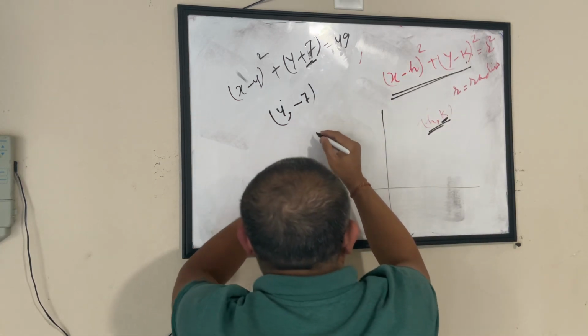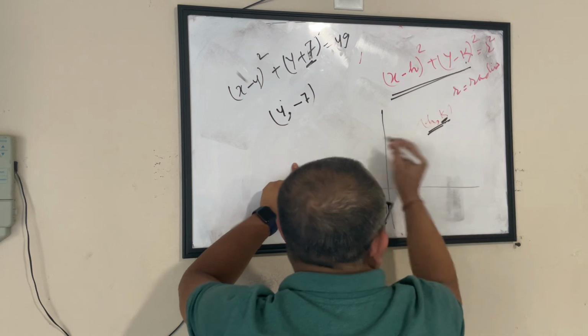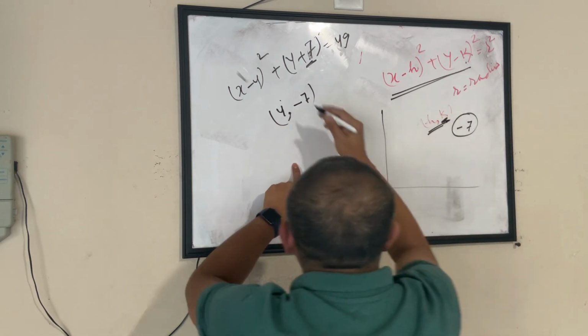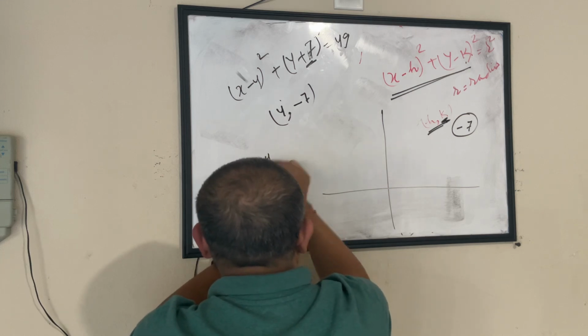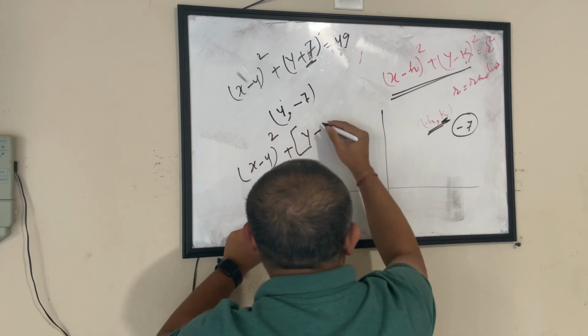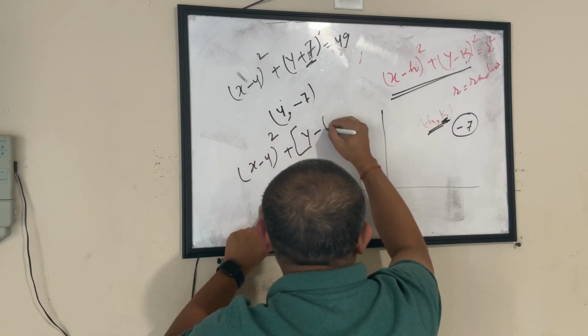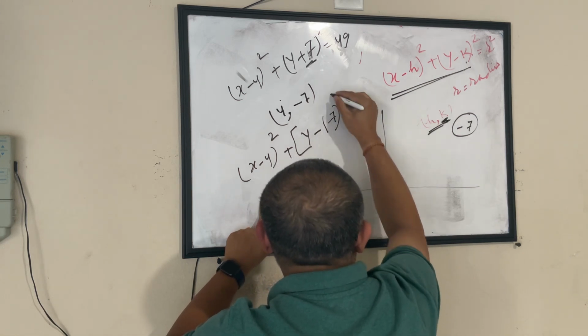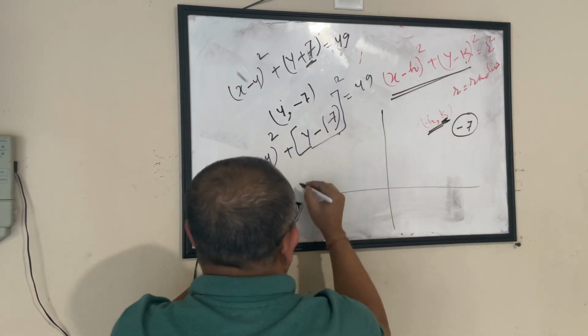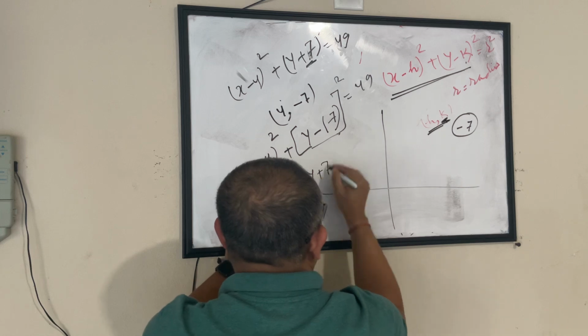That means instead of k being 7, it was actually minus 7. That is how (x minus h) squared plus (y minus k) squared, with k being minus 7, equals 49, became y plus 7 squared.